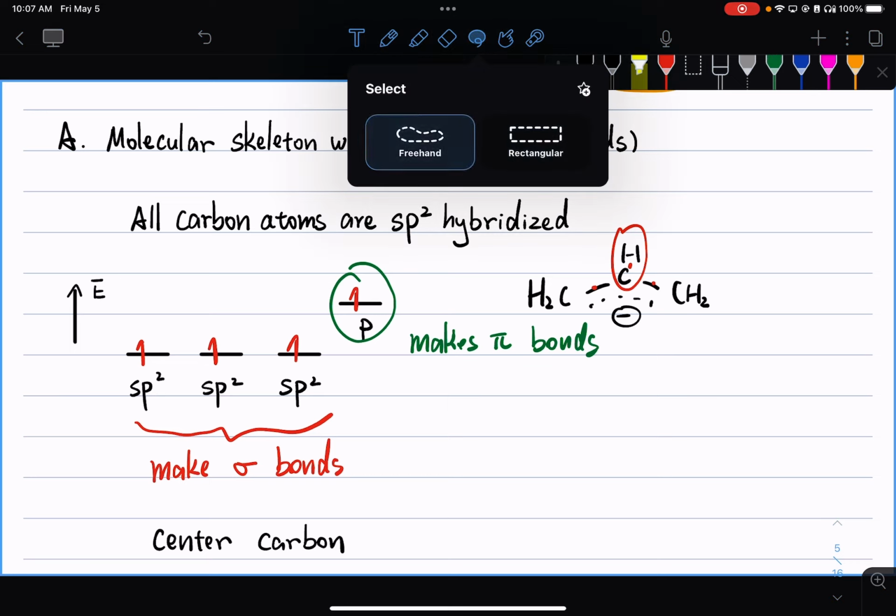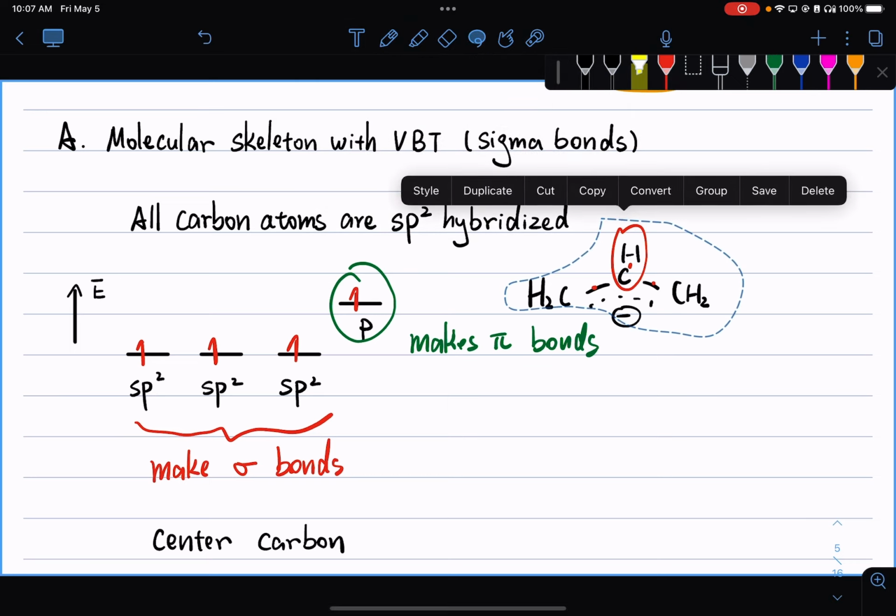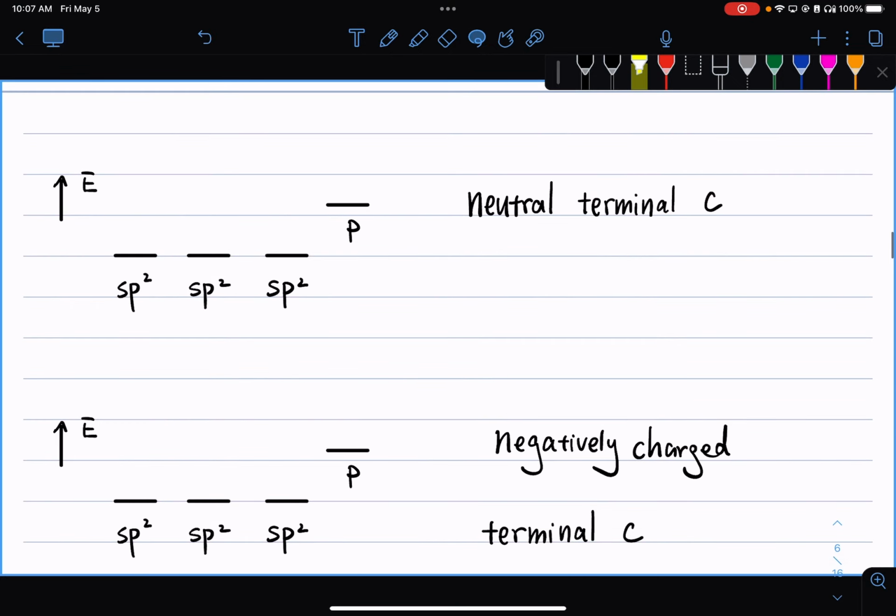Let me copy and paste this structure down, because we will be looking at the energy diagram of my terminal carbons. For the terminal carbons, now we need to make a choice. One of them has an anion on it, or, to put it another way, one of the terminal carbons will have an additional electron. We don't know which one.